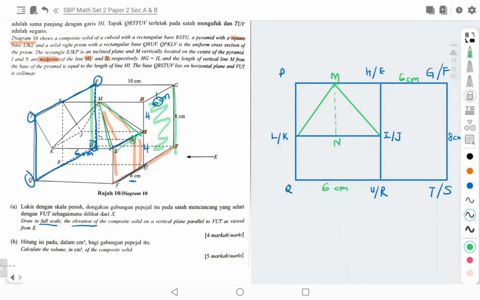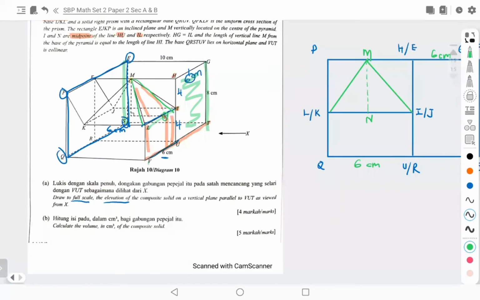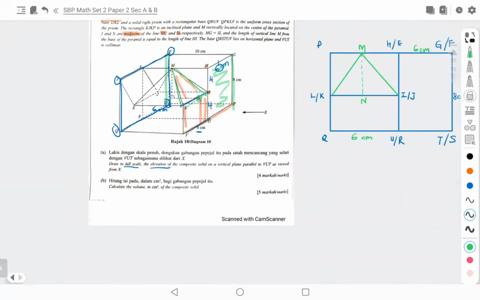Okay, then the last one. Find out the volume of the composite solid. So cuboid first, we start from the cuboid. Okay, black color.